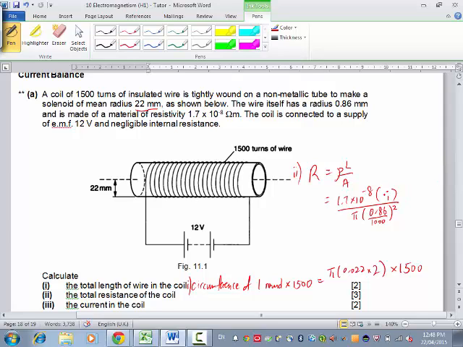That's the total resistance in the coil. And of course part 3 is a free mark. You just use I is V over R. These are the answers. Numerical. Go and work it out yourself.